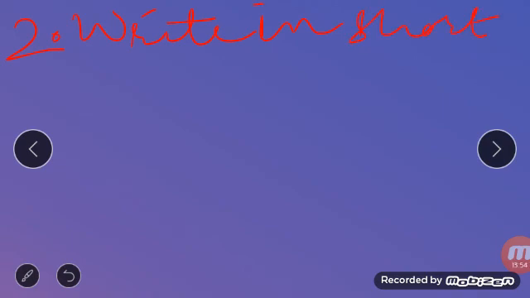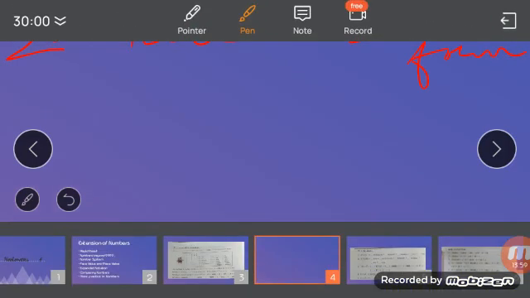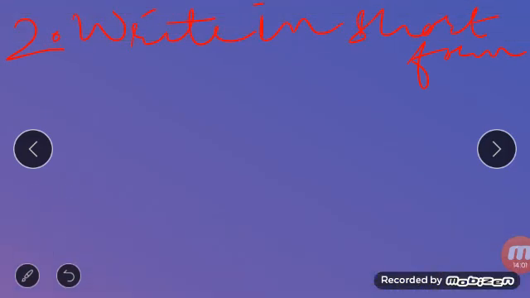So this is your question 2, and you have to write it this way in your copy. For the 2, make a Roman number 2, because otherwise it will be a problem. Put the heading write in short form.